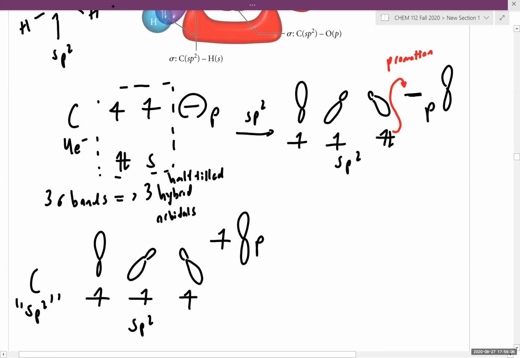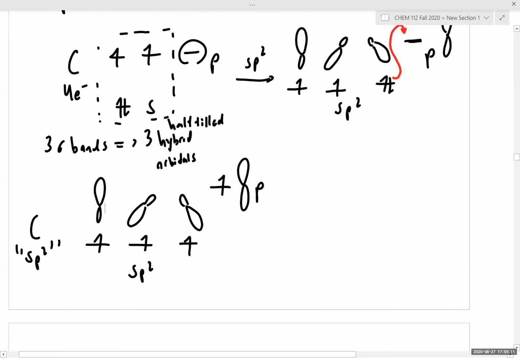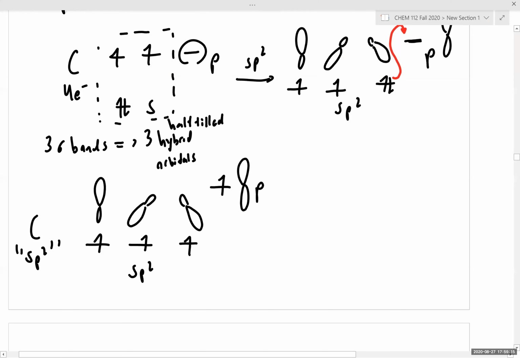Now, from here, we can engage in orbital overlap. Let's talk about the 2 different types of orbital overlap that we can participate in. The first is almost pedestrian, something we've seen many times before: sigma bonding.